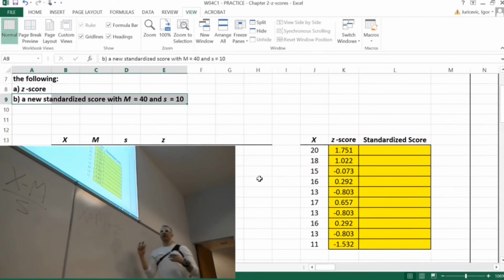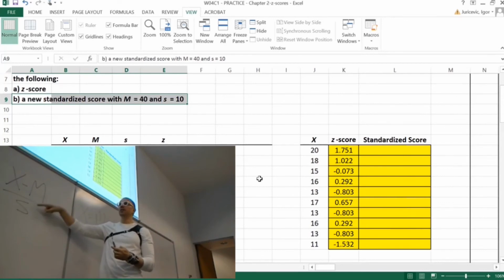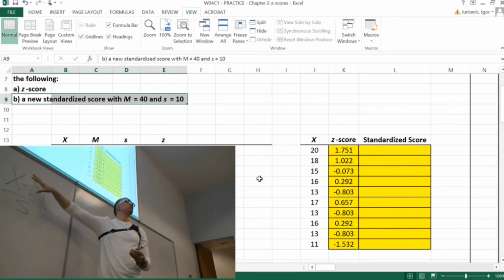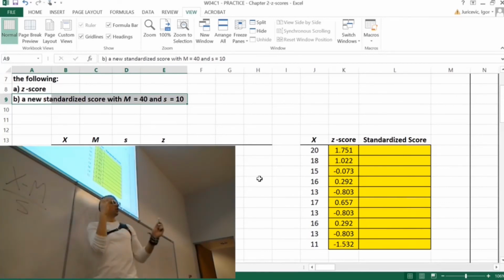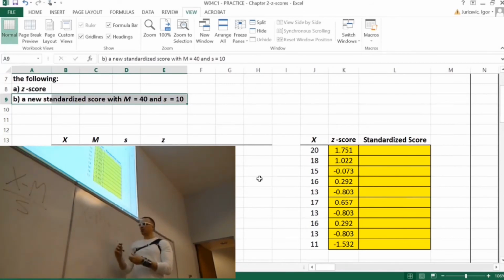The key hiccup that occurs for students when they're doing standardized scores is they forget where to find the information for the mean and the standard deviation, because they've already used a different mean and a different standard deviation previously in the question. So don't let that happen to you. When you're doing standardized scores, this is the new mean that you want.